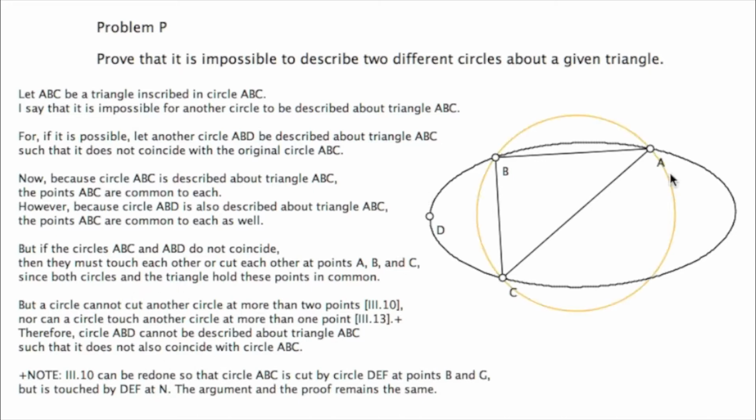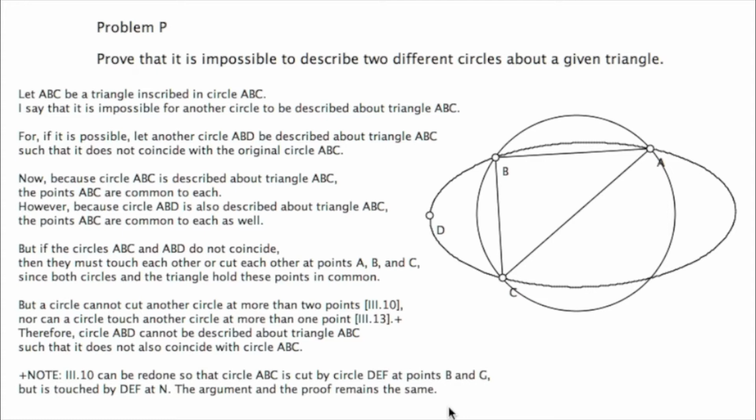So in other words, the figure in your book is something like this one, right? That's on the page. That just means that this point D would be touching right there, right, rather than actually cutting here at these 2 points. But the problem is that the argument would remain exactly the same.